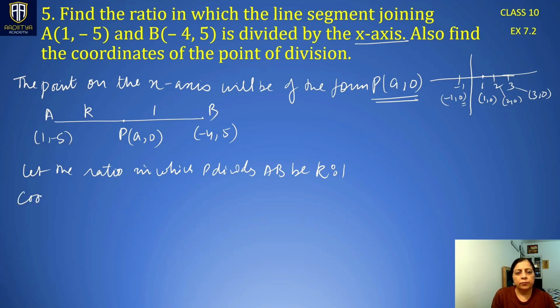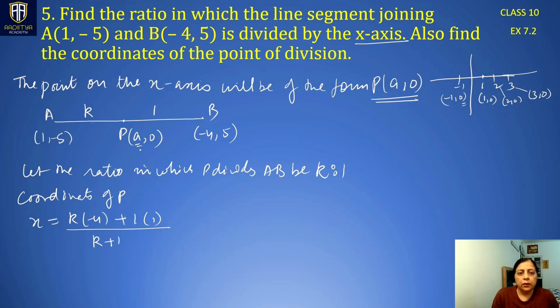So the coordinates of P become, for x, k times minus 4 added to 1 times 1 divided by k plus 1. So you can see that if I have assumed this point to be a, I have to equate this x coordinate to a. Then I will have two unknowns, k and a, which cannot be solved using one equation.